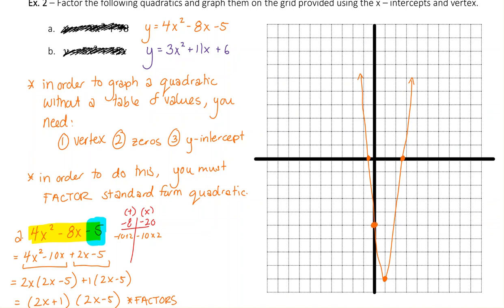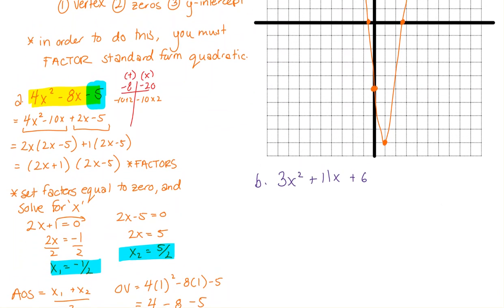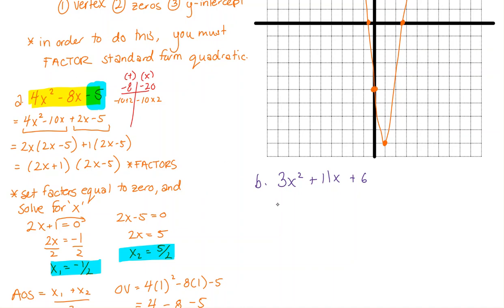What I would like you to do is now try this problem on your own. So 3x squared plus 11x plus 6. This one has a little bit of fractions involved. Okay, but if you're successful, so for B, you have 3x squared plus 11x plus 6. Okay, what are you looking at? Well, in the end, you should get your x-intercepts or zeros to be negative 2/3 as the first one, and your second one would be negative 3.